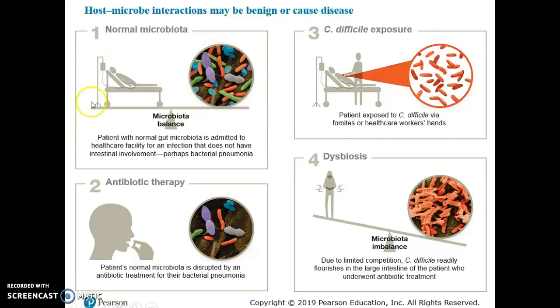Your GI tract has a lot of different microbes in it, and under normal circumstances, they live in symbiosis, in a balanced situation. What this figure is showing is that this person goes into the hospital for some reason, possibly pneumonia, but it has nothing to do with the person's GI tract.